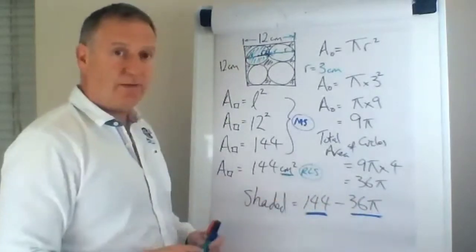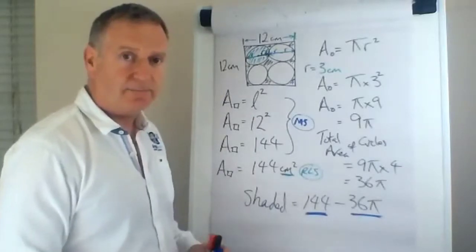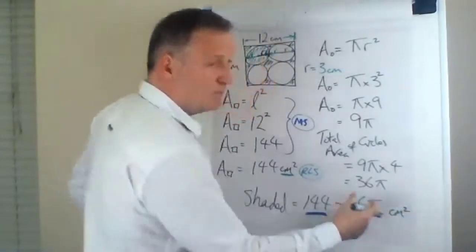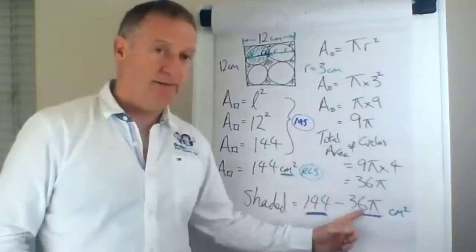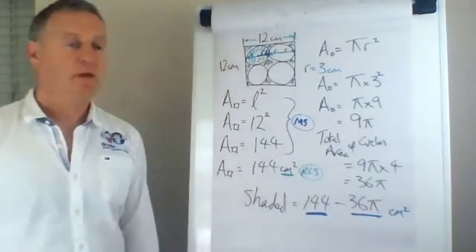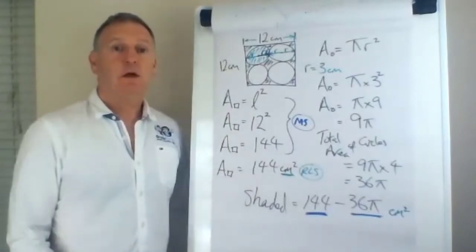How do I write it in the answer space, is it centimetre squared or blank? Centimetre squared. So the answer is 144 take away 36 pi centimetre squared.